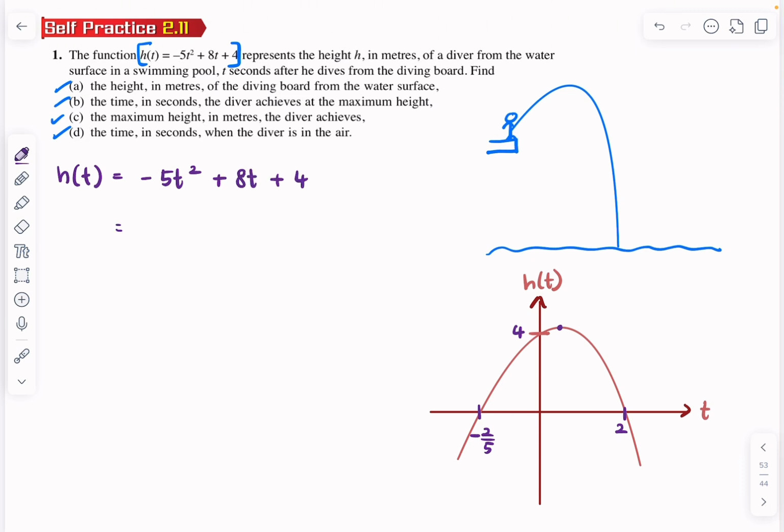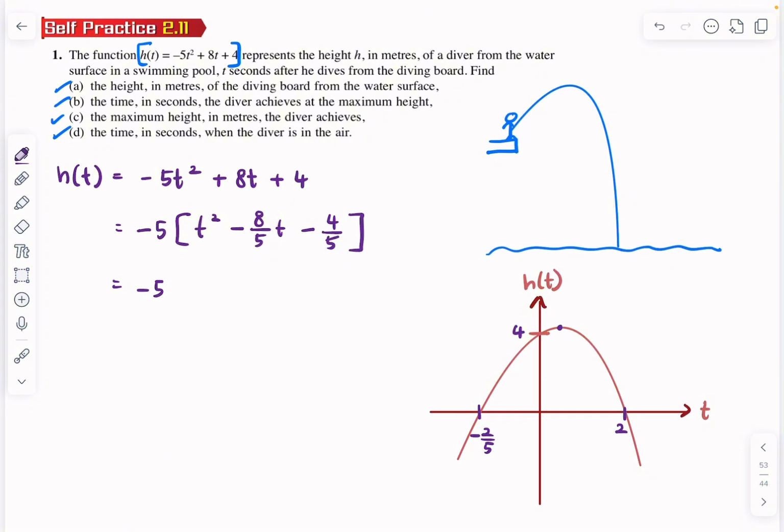To complete the square, we must make sure a is 1. So in this case, we have to factor out the -5. All these terms we divide by -5. This one divided by -5, we get t squared. 8t divided by -5 will be -8/5 t. 4 divided by -5 is -4/5.